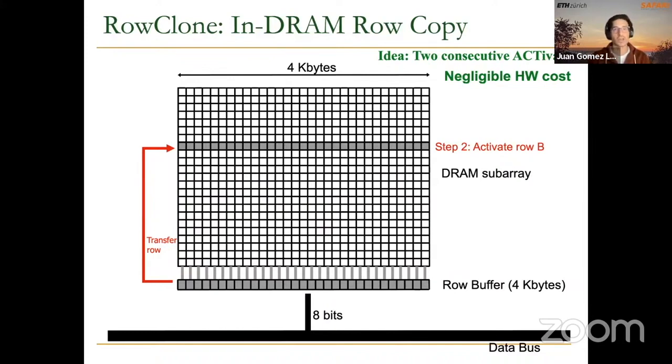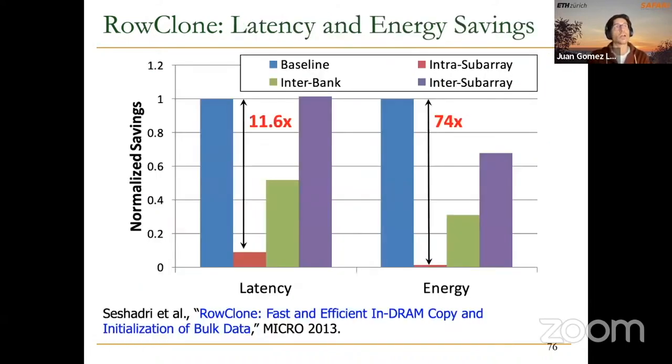It doesn't exist yet officially in real DRAM, but I'm pretty sure that it's going to happen very soon, because the benefits in terms of latency reduction and energy reduction are very clear. As you can see in this slide, 11 times lower latency, 74 times lower energy consumption.